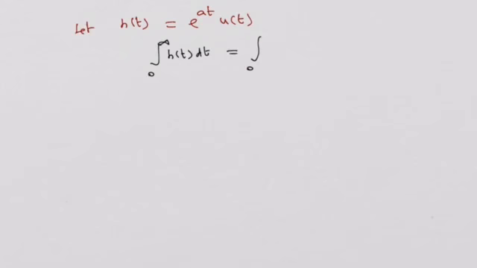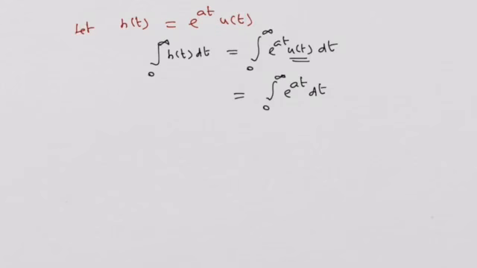Because h of t is e power at u of t, and dt. As you all know, u of t determines that the signal will exist only from 0 to infinity on the positive scale. Already the integral is from 0 to infinity only, so there is no role for this u of t. I'll limit it so that it will become e power at dt.